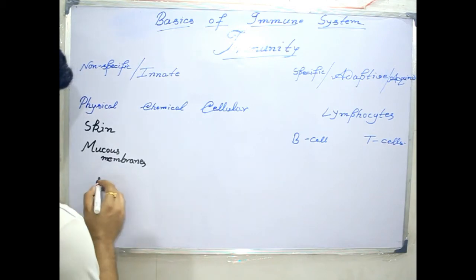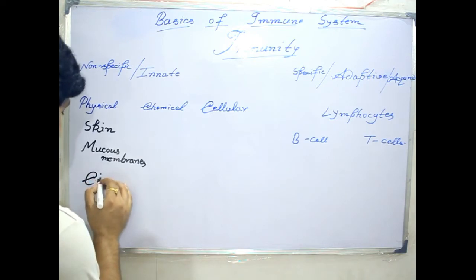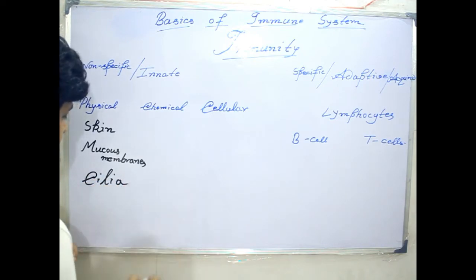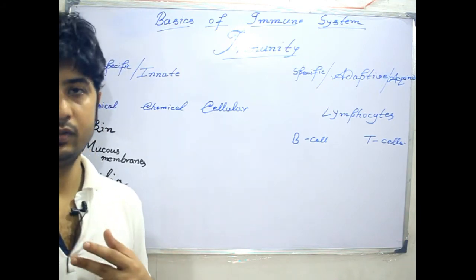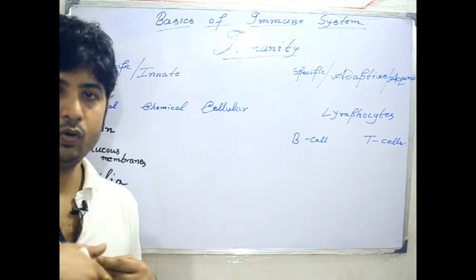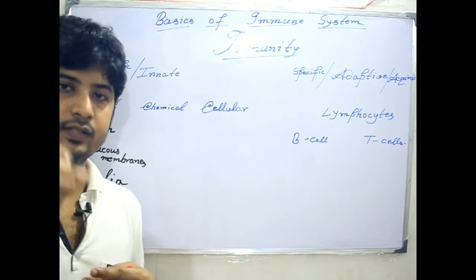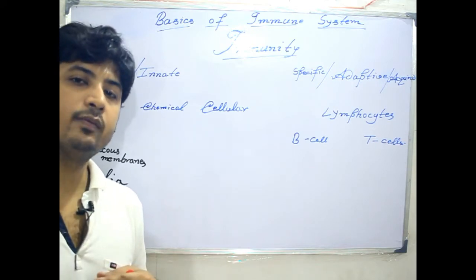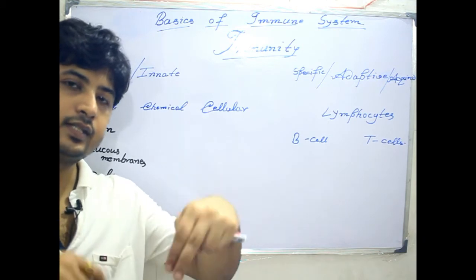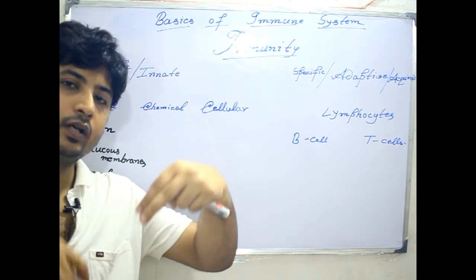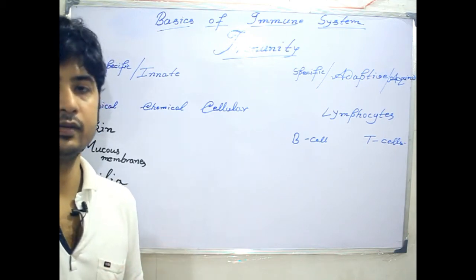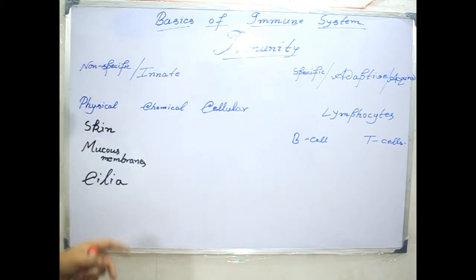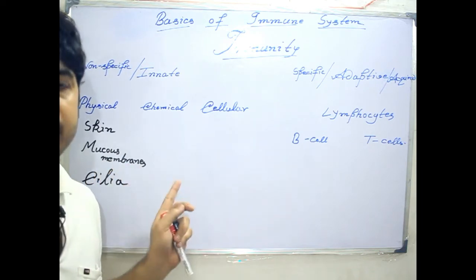Next is cilia. Cilia are present in the airway and lung. They are always moving like a pendulum. So whenever an antigen is entering, they will just throw it back. They will not allow any kind of antigen to enter. So this is another level of physical barrier.